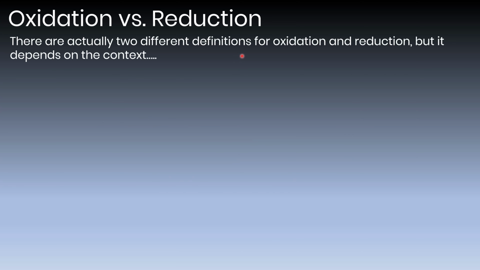There's actually 2 different definitions for oxidation and reduction, and it depends entirely on the context we're looking at. We might be asked about oxidation and reduction in terms of oxygen, but we also might be asked about oxidation and reduction in terms of electrons, which you may have come across before.